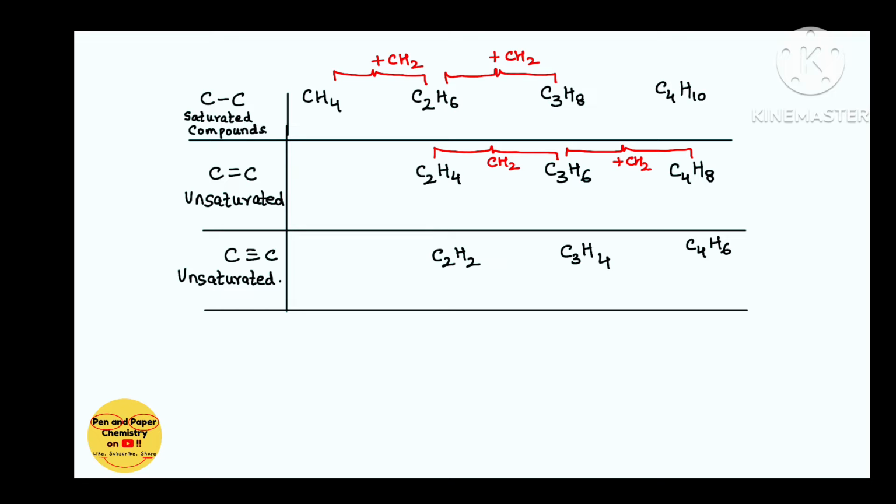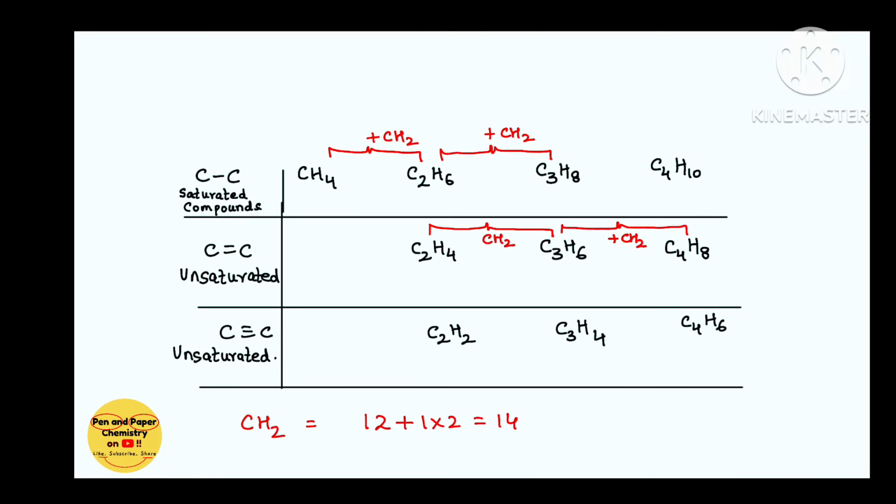Okay. Now CH2 means the atomic mass of carbon is 12 and the atomic mass of hydrogen is 1, so 1 into 2. That means they are differing by a mass of 14 u. So here also they differ by CH2 and a mass of 14 u.